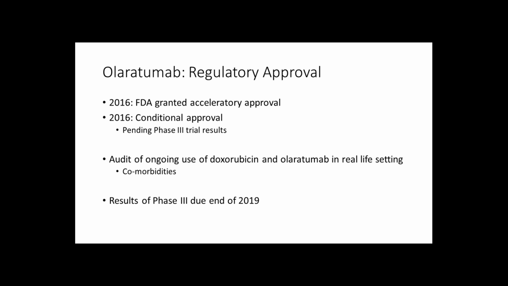I'm not sure what the precise cost in the UK is. I think they reached a compromise in terms of the cost and getting the drug approved, but I can get that information to you. Thank you.